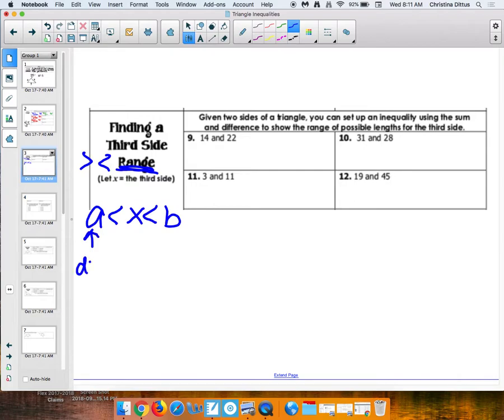Then I want you to draw an arrow. A is going to stand for our difference. When I talk about math difference, what do I mean? Subtract. Good. B, we're going to draw an arrow and write our sum. Sum, and you already told me, means add.